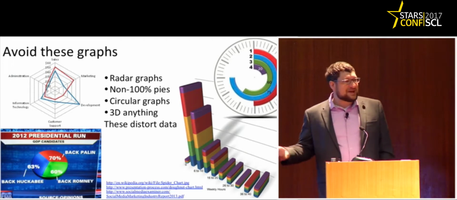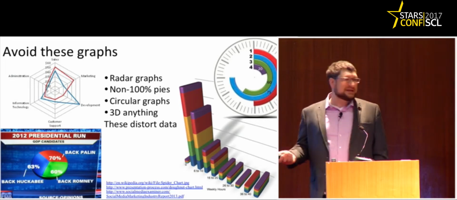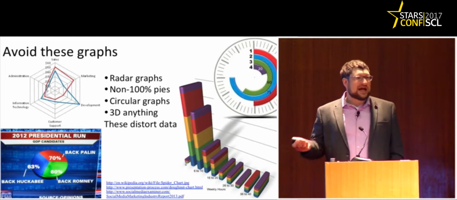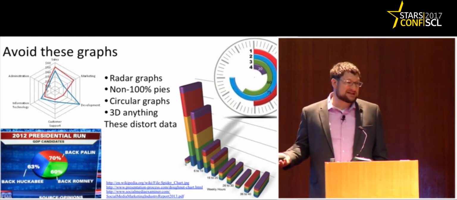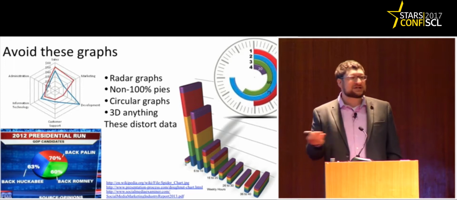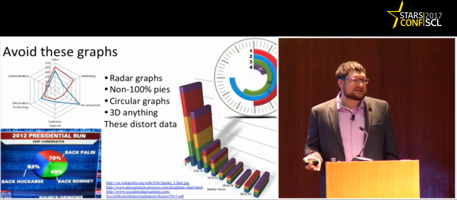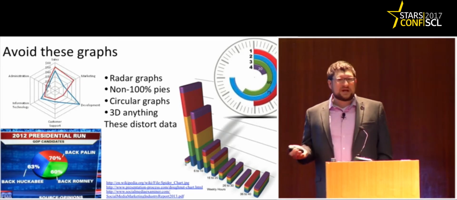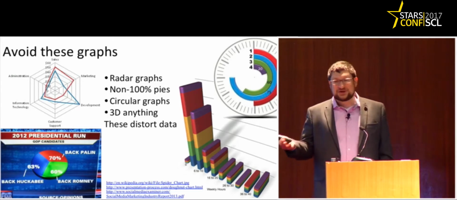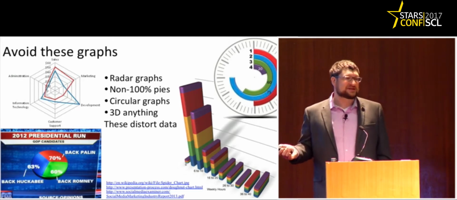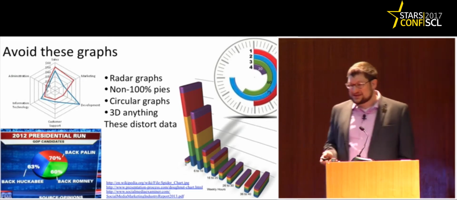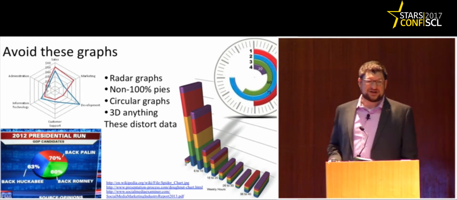And that means the shape is not really completely about the data. It's as much about how I chose my axes. And if I move my axes, the shape changes. That can be very misleading. What we want is to have the data really show the shape and have nothing else really affect the shape very much. Don't do these. These will all distort your data and make it hard to understand.